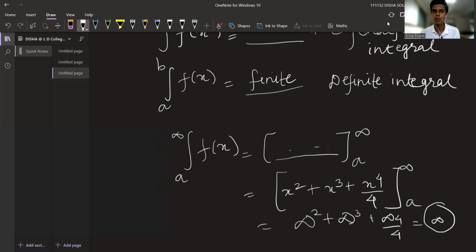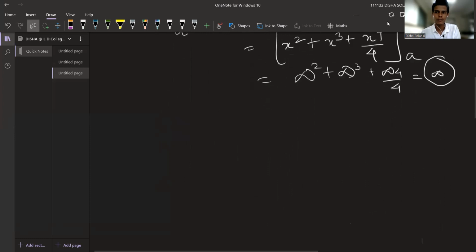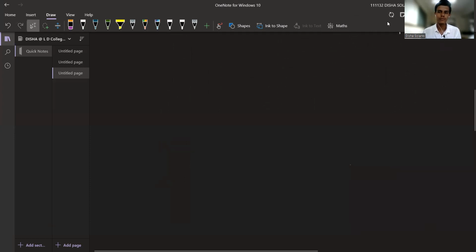So to solve this problem, the concept of improper integral was developed. Let us see what that was. Suppose we have the integration of a function f of x, and it is integrated from a limit a to some limit infinity.